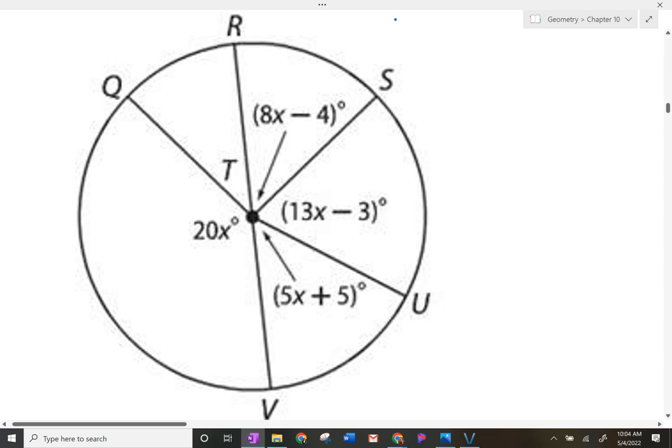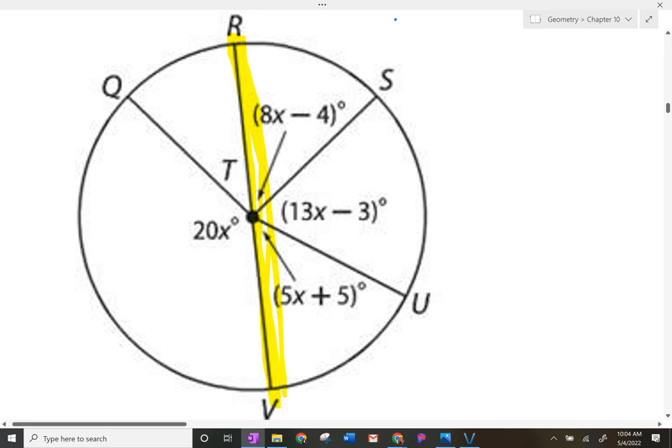All right, so as I'm looking at this whole entire circle, I've got this piece, I've got this piece, I've got this piece, I've got this piece. I don't have this one. So I can't have everything add up to 360 degrees. But RV, this line right here, is a diameter.